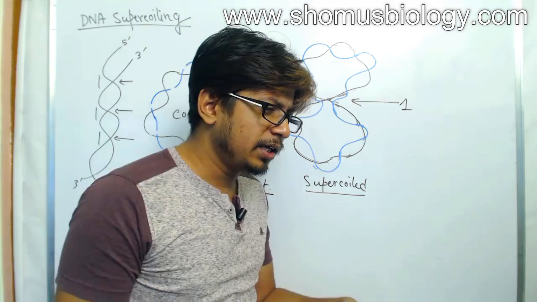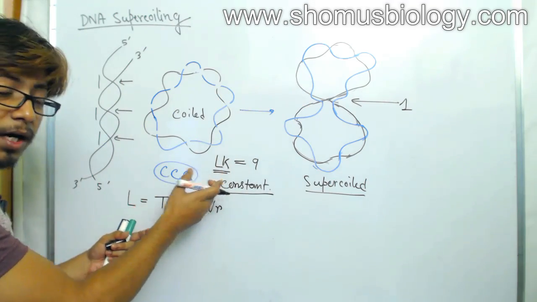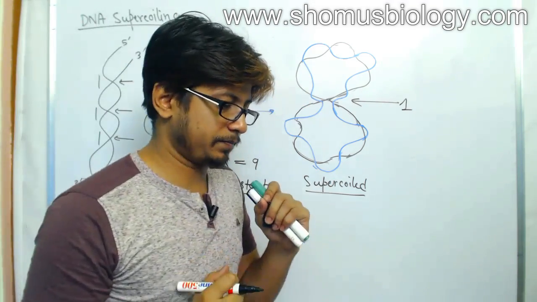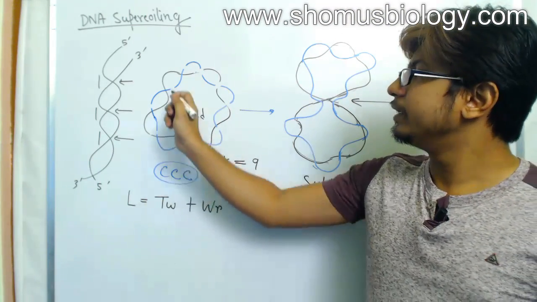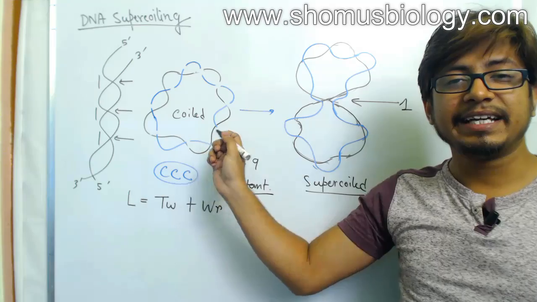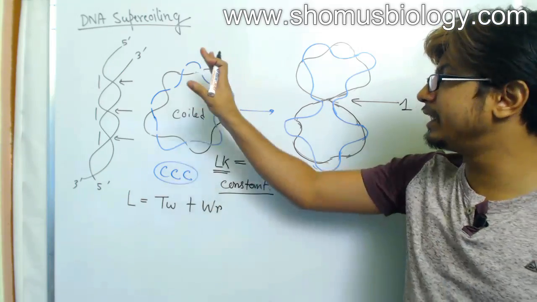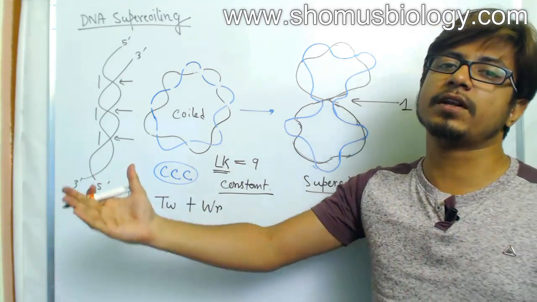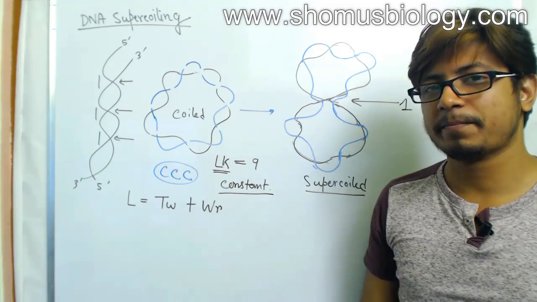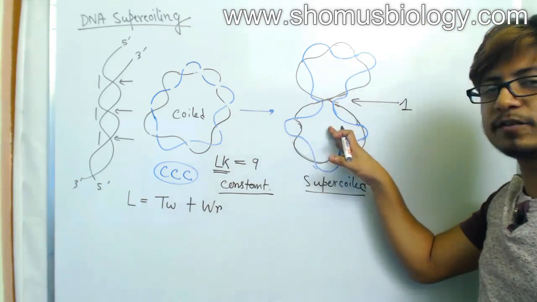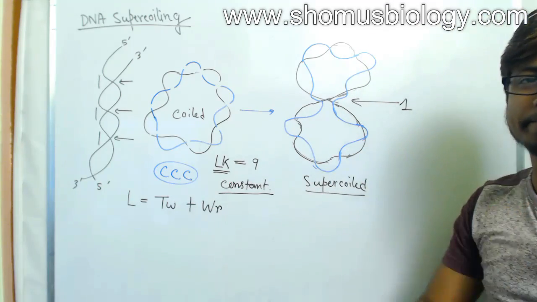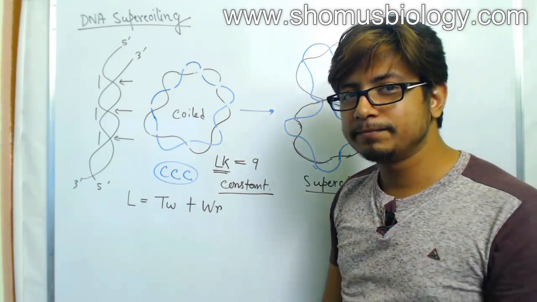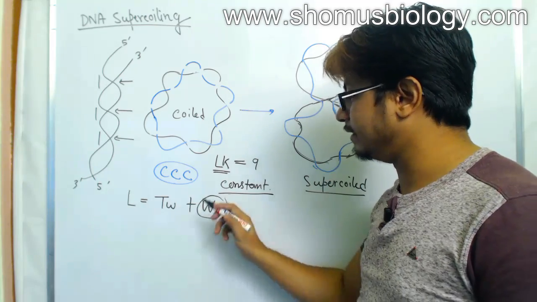So you may ask me, isn't this the same as linking number? The answer is yes. It is the same as the linking number if the DNA is present in a relaxed state, that means the DNA is present on a flat surface, right? But if supercoil is formed, then the twist and linking number will not remain the same. You know why? That's the term of writhe.